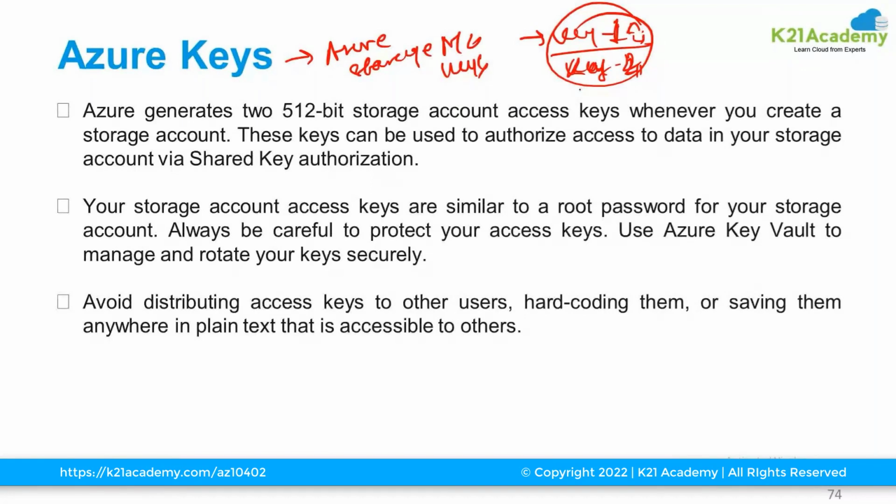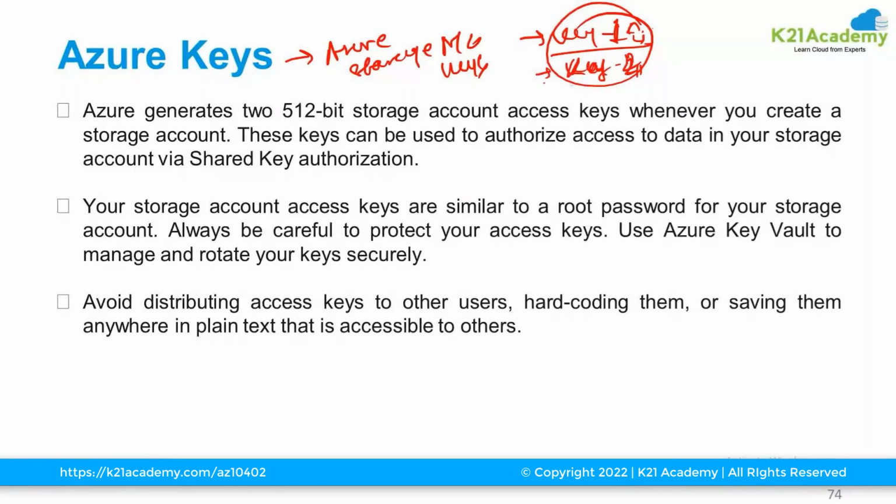In the code itself you can mention these two keys, or you can store these two keys inside Azure Key Vault and use that Key Vault URI in the code. If one key is being updated by someone, then key 2 will work. So it is redundancy at the storage access level. That is where you can use the keys.